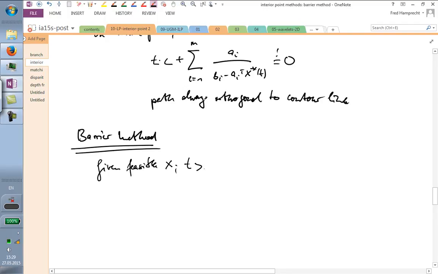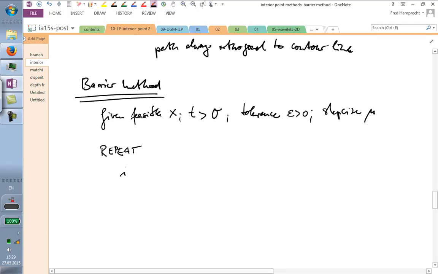And we start with some value t larger than 0, and with some tolerance and some user-defined step size mu. And then we repeat the following steps.